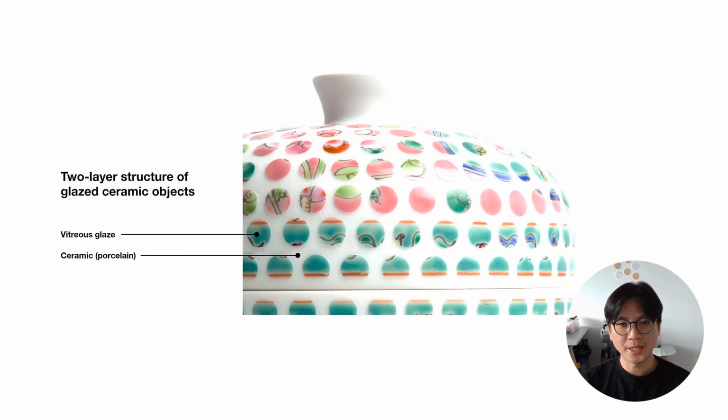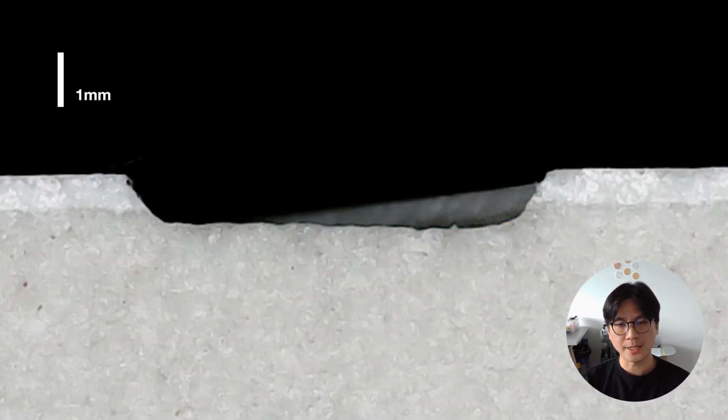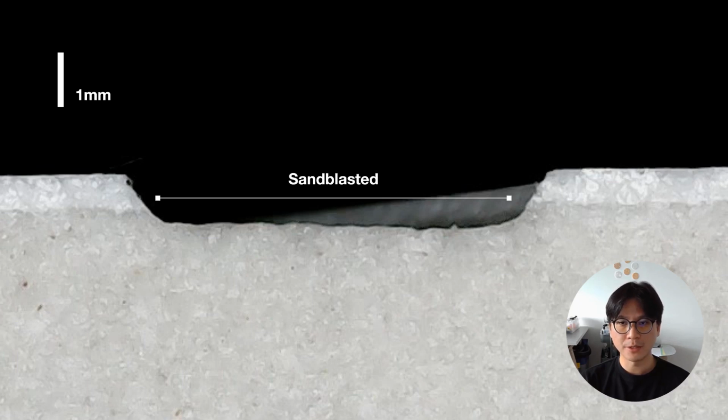As his colleagues, we had the opportunity to observe these resist blasted objects closely, and we noticed that resist blasting not only transformed the objects visually, it also created a structure that exposed the two very different textures of a glazed ceramic object. Over here, we have a cross-section of a glazed ceramic object with a region that has been sandblasted.